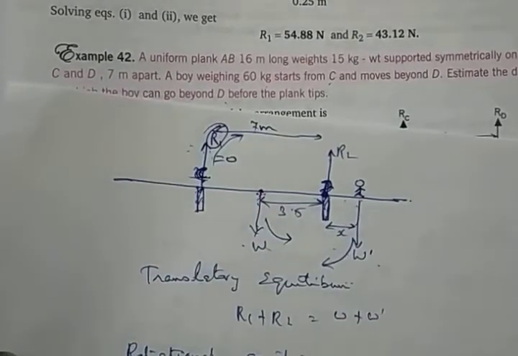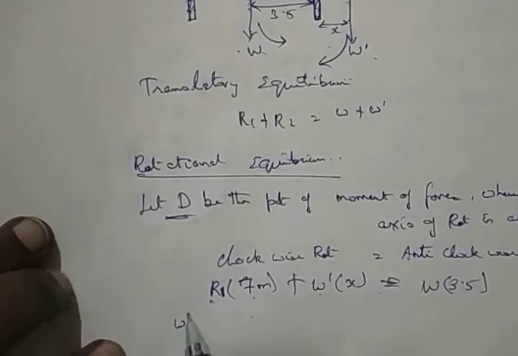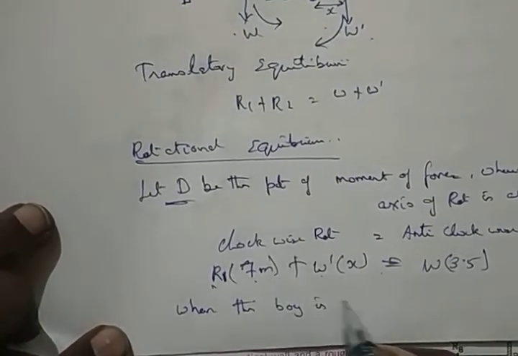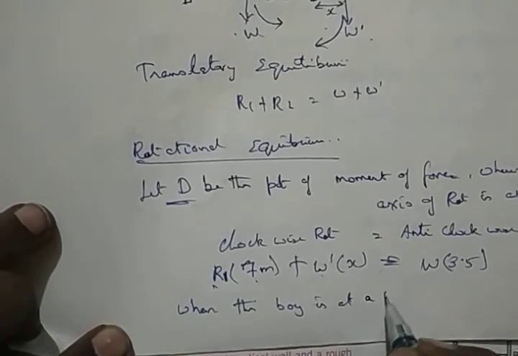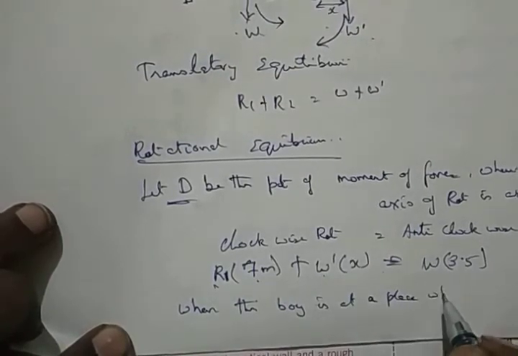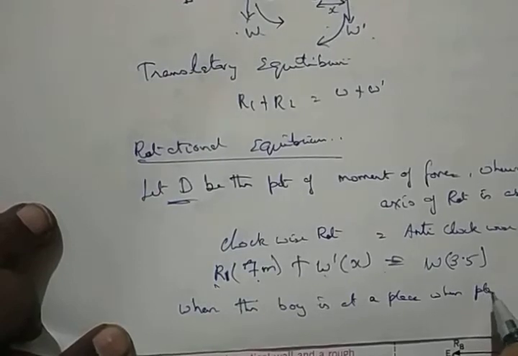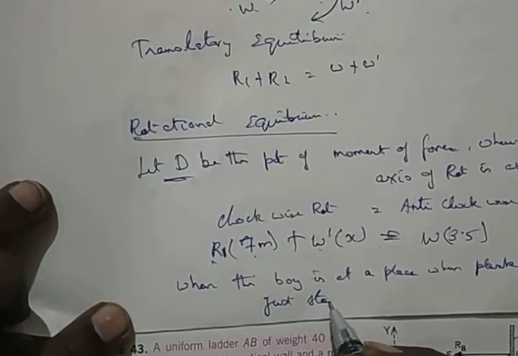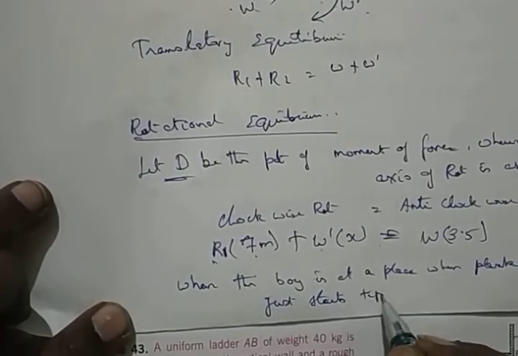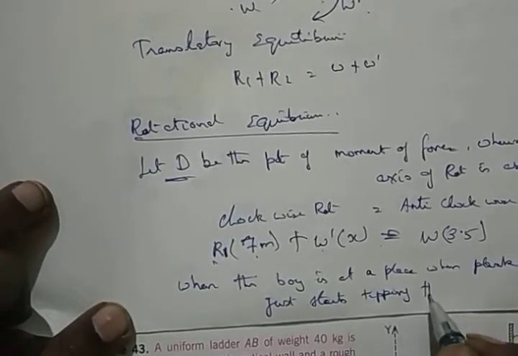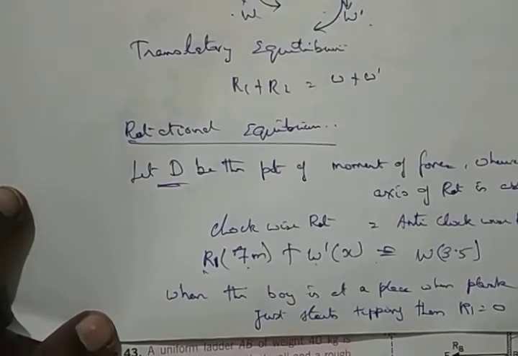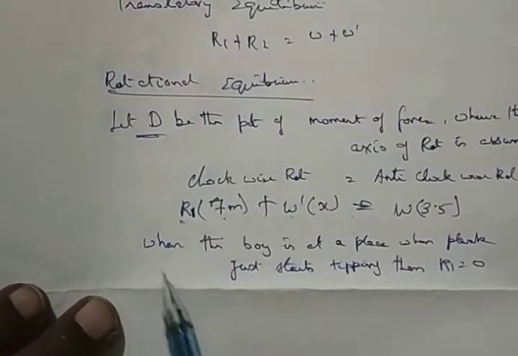When the boy is at a place when the plank just starts tipping, then R1 is going to be equal to 0.